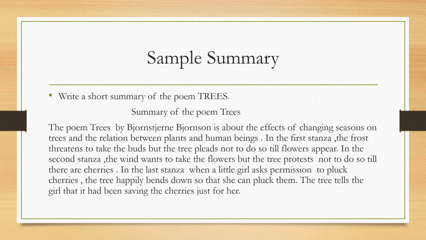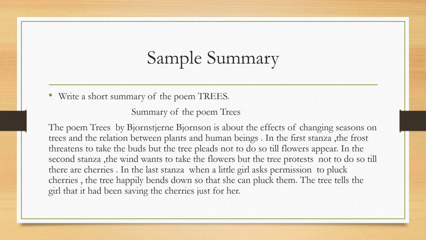Now, what happens? In the last stanza, when a little girl asks permission to pluck cherries, the tree happily bends down so that she can pluck them. And then in the end, what does the tree tell the little girl? The tree tells the girl that it had been saving the cherries just for her.